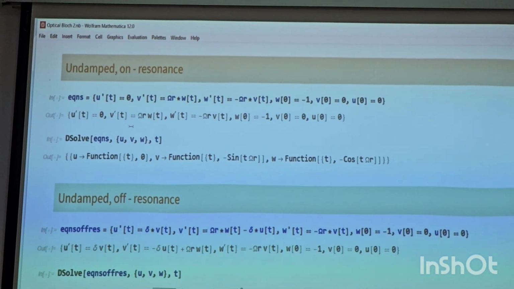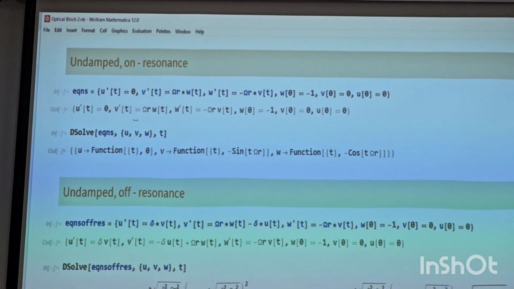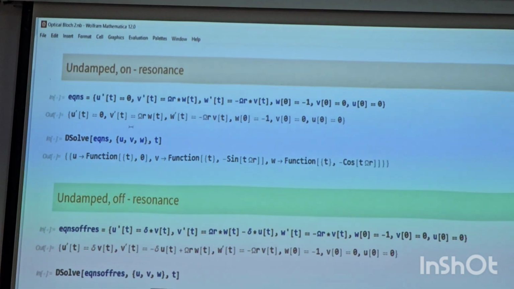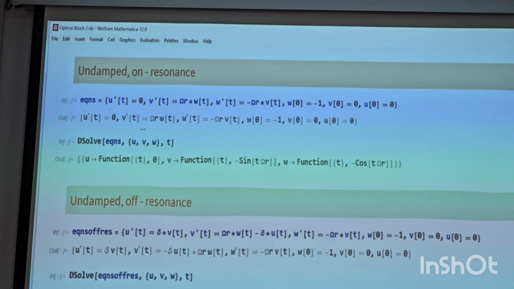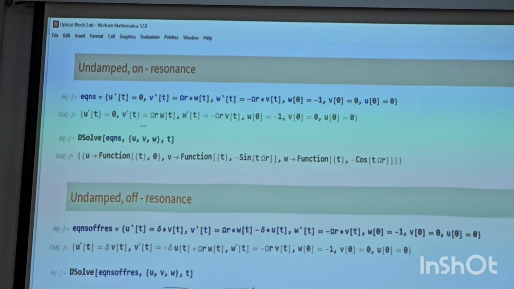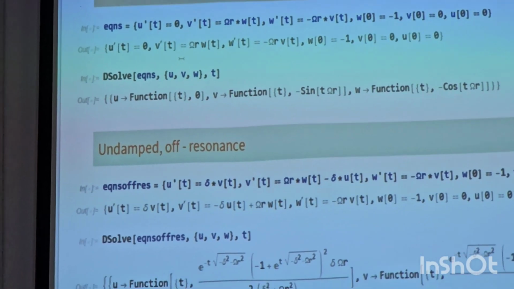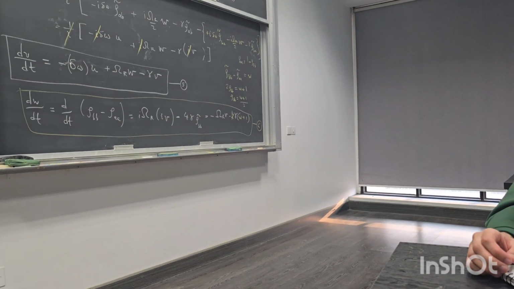In the undamped case, suppose I'm on resonance, a nice case, I should get exactly the Rabi oscillations that we've been looking at in the previous lectures. So look at equation number 4 over there. Undamped case, on resonance, delta omega 0, gamma is 0.